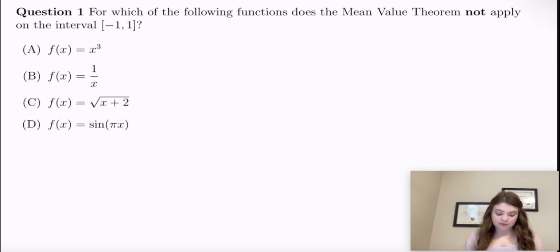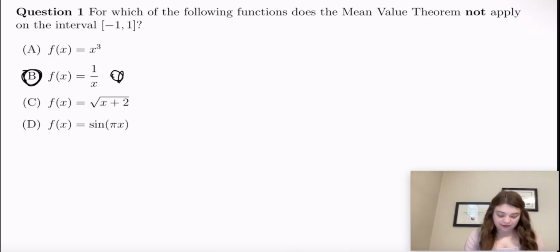Well, x cubed is actually continuous and differentiable on these points, so I would say it's not that one. 1 over x, I think, is going to be my answer here because notice that one of the points from -1 to 1, which is 0, would be undefined here, right? We have an asymptote at 0, or restriction at 0, and so it is not continuous all the way from -1 up to +1. And so B would be the answer.